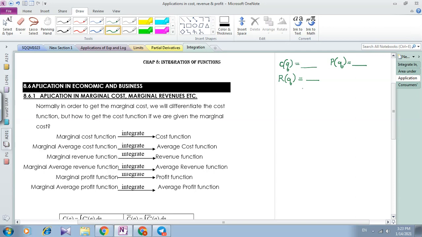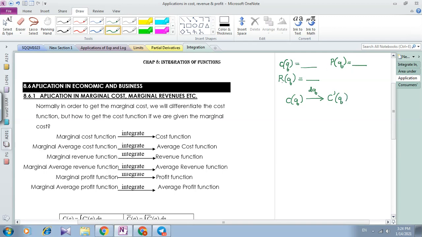Since we are done with differentiation, we can also find marginal cost, marginal revenue, or marginal profit. From the cost function, if we differentiate, we will get marginal cost. The same for revenue and profit.